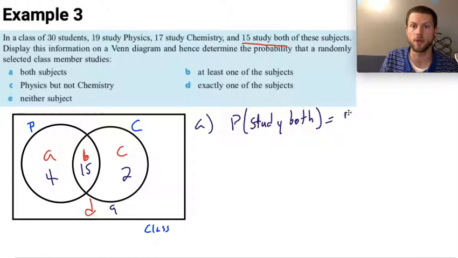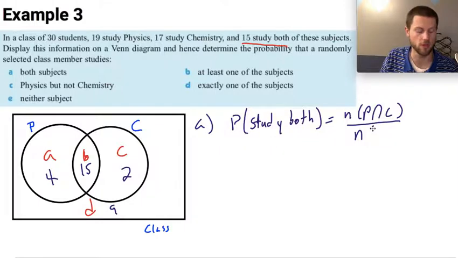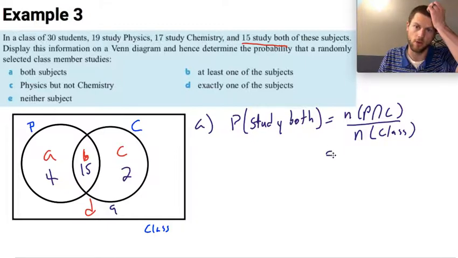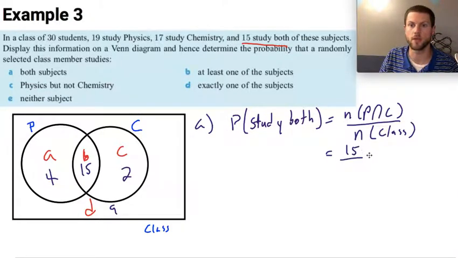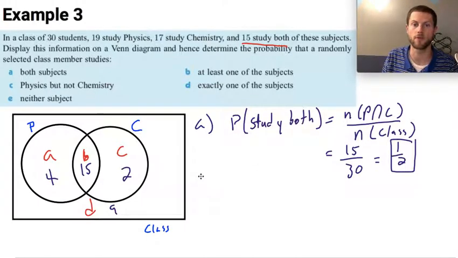So I want the number of elements in the intersection of P and C divided by the number of students total, the number of, I'll say, class. All right, and that's going to equal 15, which is the intersection of P and C, divided by 30, which is equal to 1/2. So half the students take both. And so the probability of selecting one random is 1 out of 2.